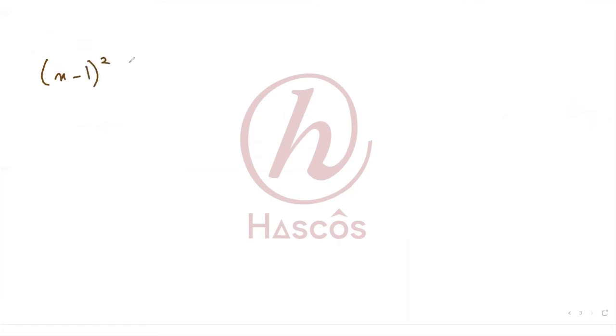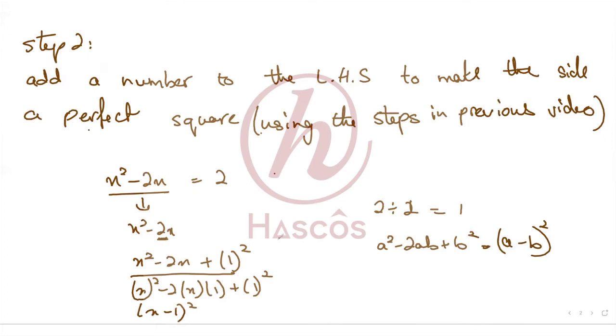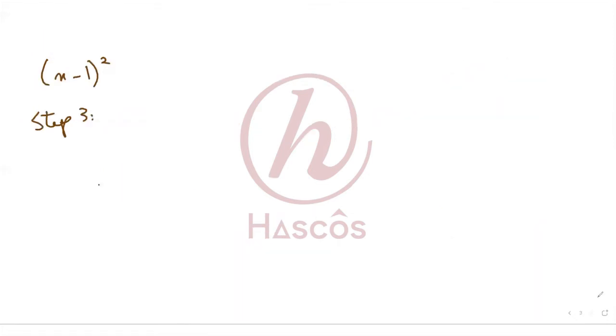Now we know that in algebra, whatever happens on the one side, we have to counterbalance it on the other side as well. So in step number 2, we were adding something that was not present at the outset, that was this plus 1 squared. We were adding this on the left hand side. So we are bound to add this on the right hand side as well.